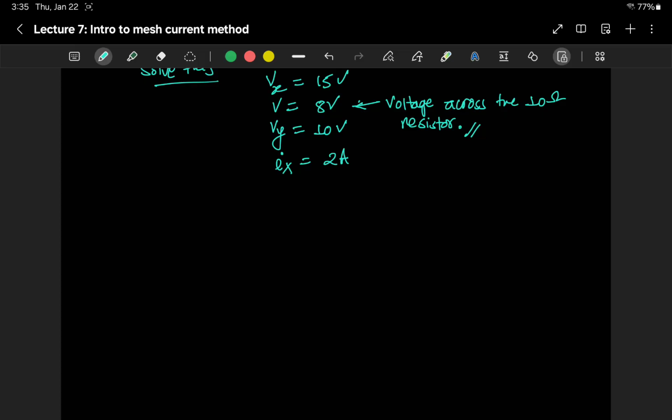So now we'll move to another very important method, which is the mesh current method, or sometimes it is referred to as the loop current method.